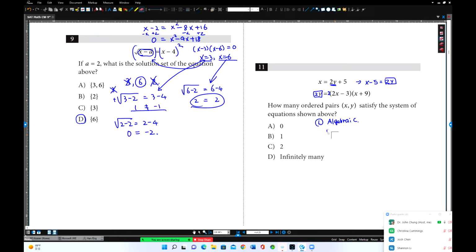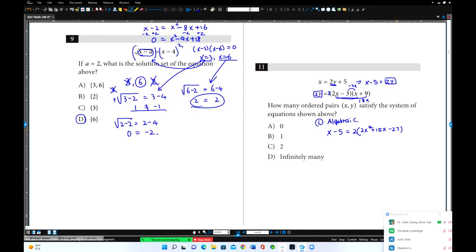Okay, replace with x minus 5 now. x minus 5 equals 2 times what is inside? 2x squared. Now keep going directly. Okay, negative 3x. 18x total is what? Positive 15x. Okay, and negative 3 times 9 is negative 27.